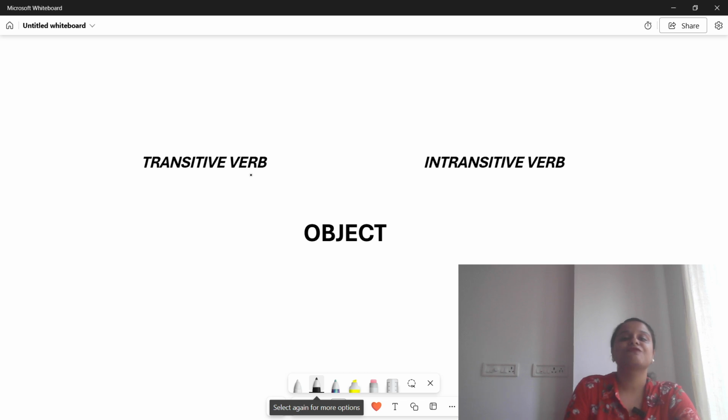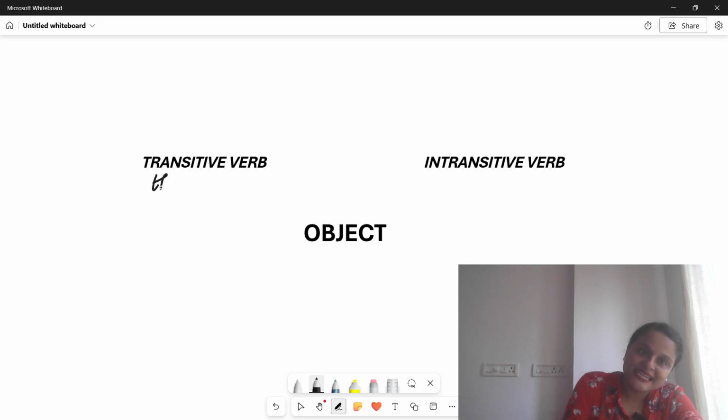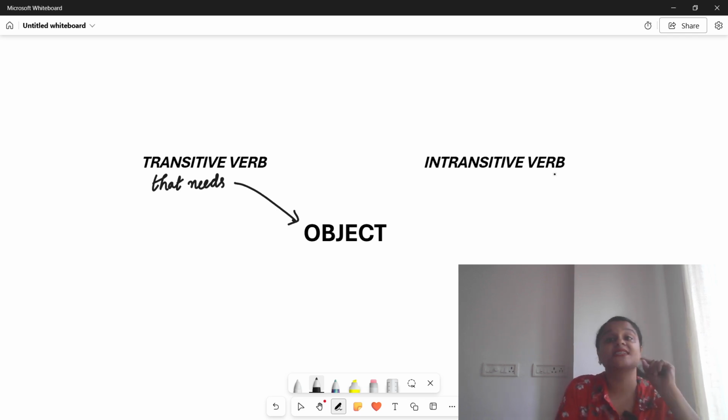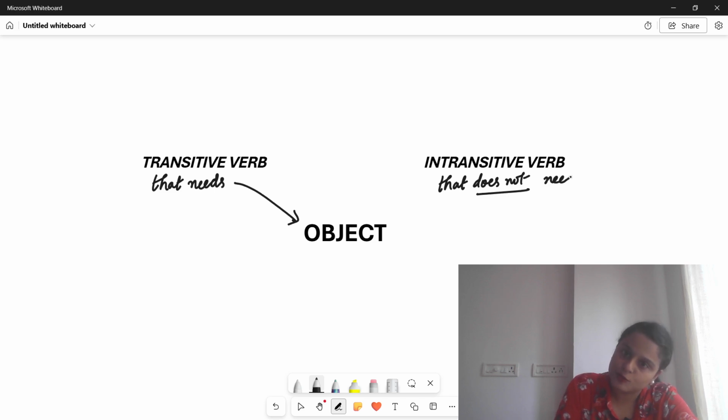So a transitive verb is a verb that needs an object. Got it? And an intransitive verb is a verb that does not need an object. Got it so far?